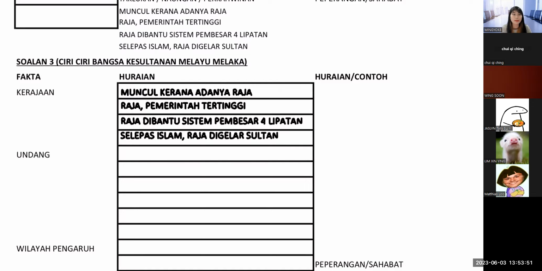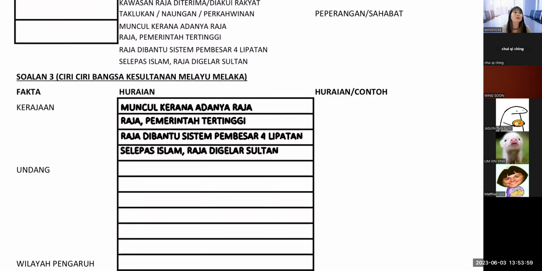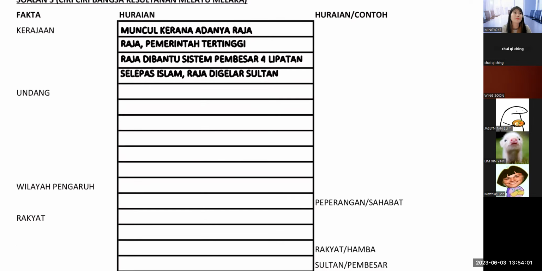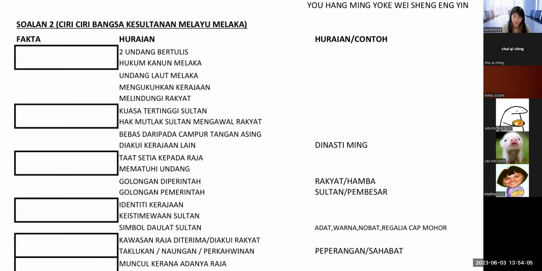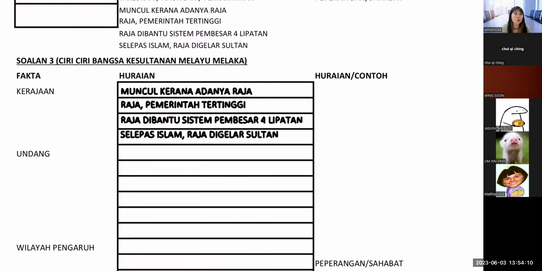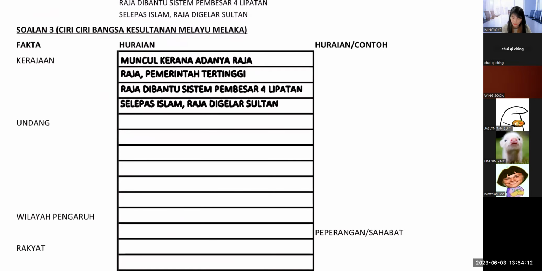Raja merupakan pemerintah tertinggi. Seterusnya raja dibantu sistem pembesar 4 lipatan. Selepas Islam, raja digelar sultan. Like that. Then undang-undang, you write mempunyai 2 undang-undang bertulis, yaitu Hukum Kanun Melaka dan Undang-Undang Laut Melaka.